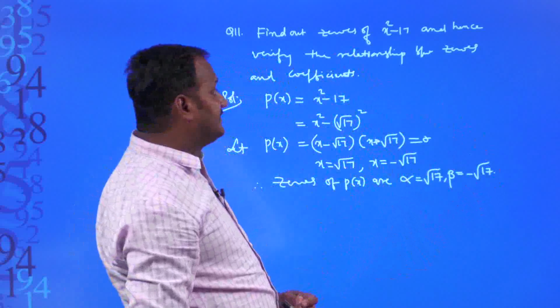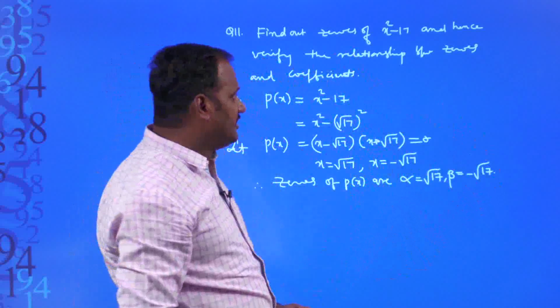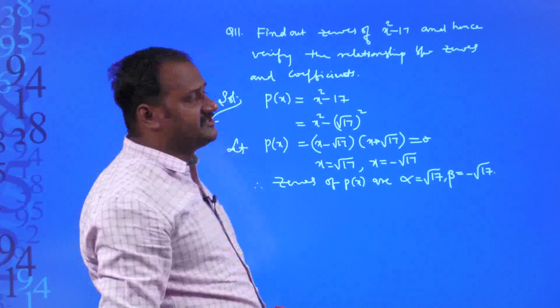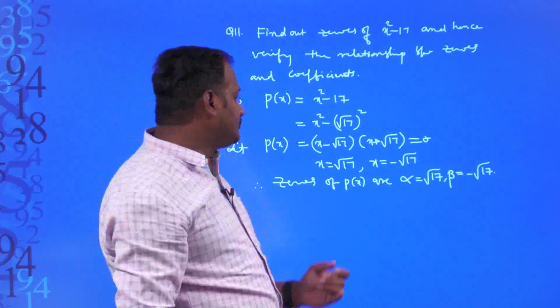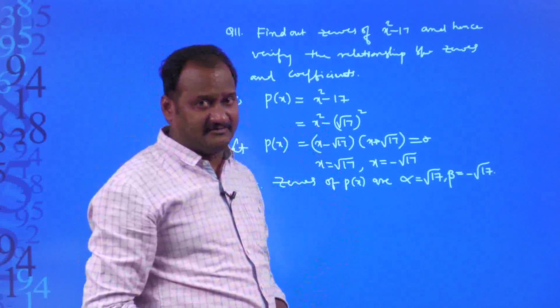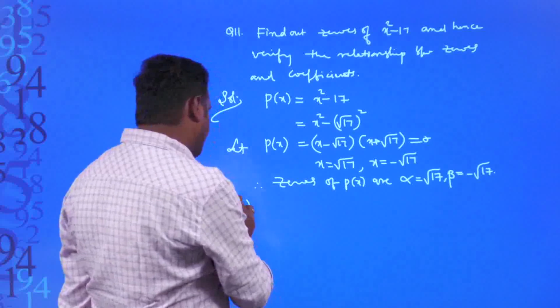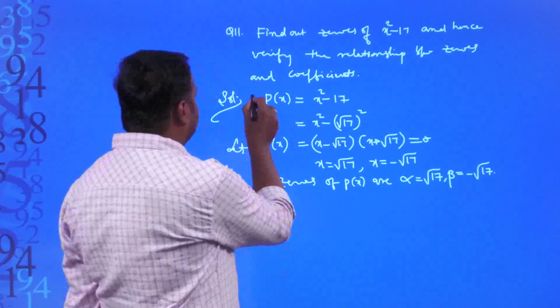And what is the second task? And hence verify the relationship between zeros and coefficients. So, in order to verify the relationship between zeros and coefficients, I need to compare the given second degree polynomial with the standard form. Okay. So, that is the second part of the problem. Okay. I am writing it as second one and this is the first one.